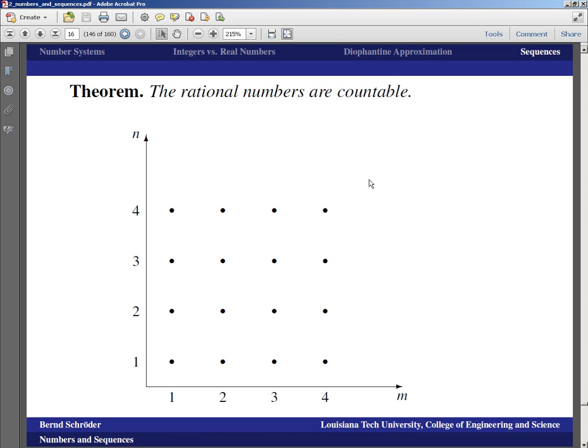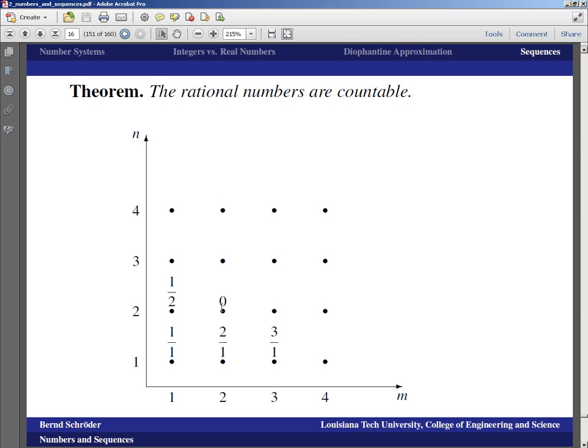But if you envision them a little bit differently, if you put numerators on the x-axis and denominators on the y-axis, well then 1 over 1 will be the first rational number, 2 over 1 is the second, 1/2 is the third, 3 over 1 is the fourth. Then 2 over 2 would be 1, and I've already counted it.